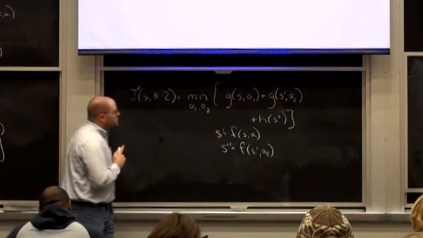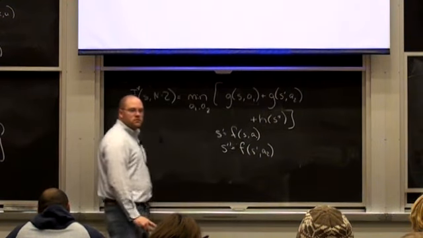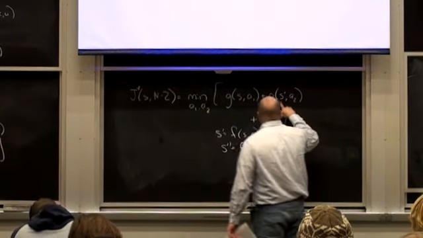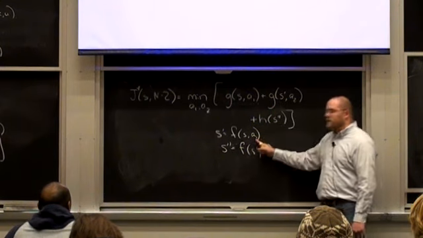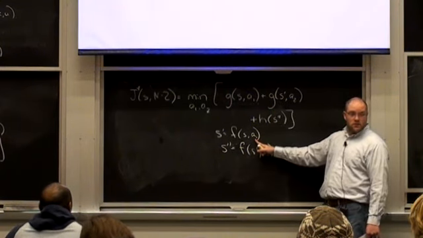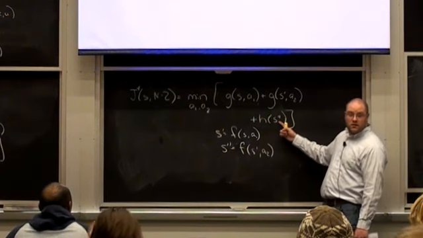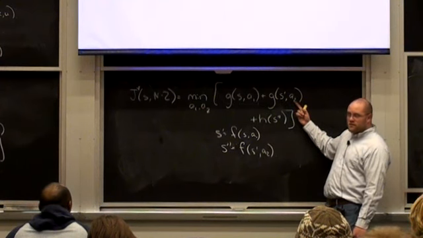Nothing about this term depends at all on A2. In contrast, this one does depend on A1, because S prime depends on A1. This one depends on A1 and A2, so this one certainly depends on A2. You see what I'm saying?